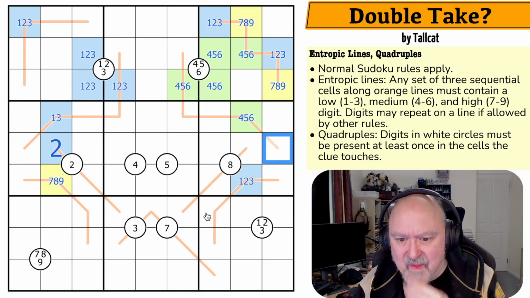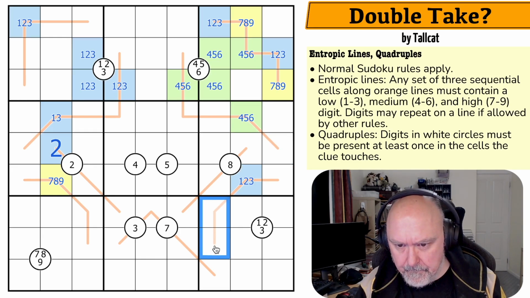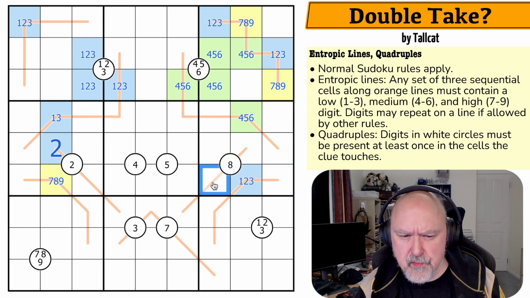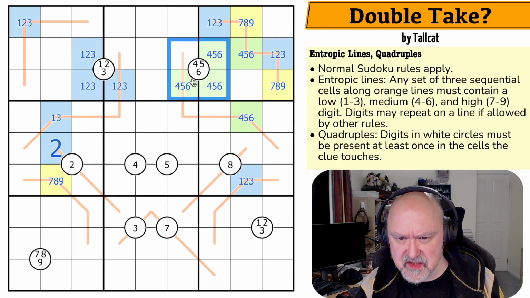Okay. There must be a medium in here. If that was a medium, that would be a medium. If that was... This 8 isn't as powerful as this 2, because this 2 interacted with that clue, but this 8 doesn't interact with this.